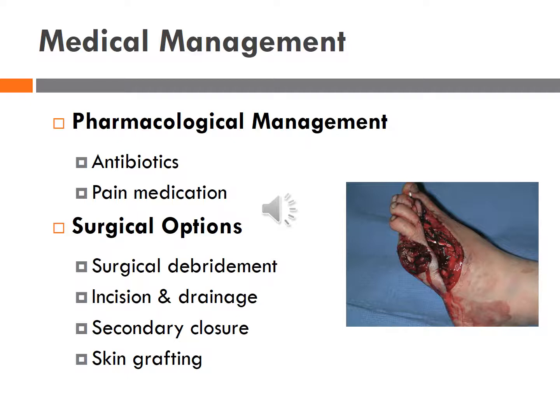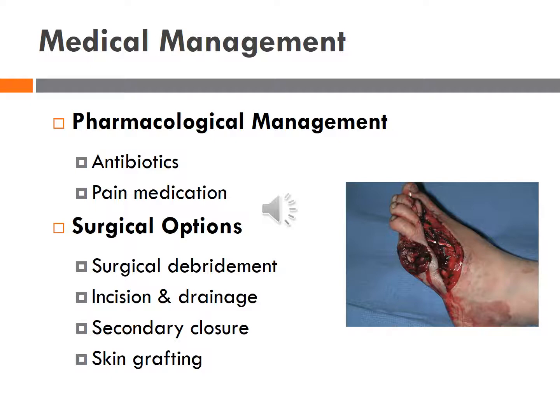Pharmacological management of traumatic wounds includes antibiotics, both systemic and topical, as well as pain medication, which also can potentially be systemic or topical. Surgical options may include debridement, incision and drainage. That might be something that gets repeated several times.